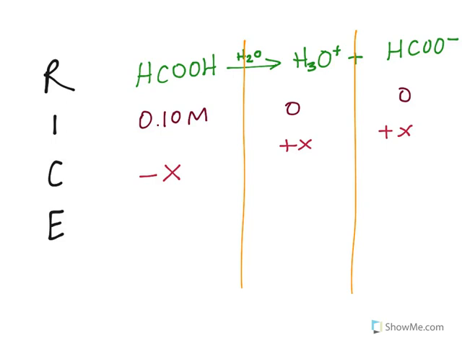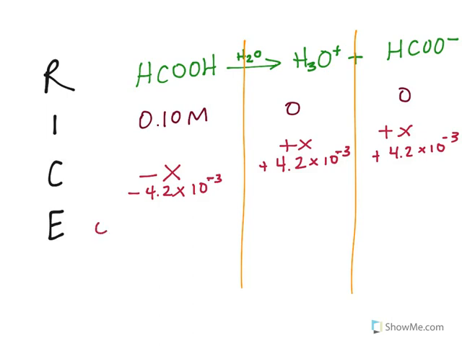All right, and what's nice is that we solved for x. We know what x is. X is 4.2 times 10 to the negative 3. So in each of these cases, it's plus 4.2 times 10 to the negative 3, plus 4.2 times 10 to the negative 3, and this one is minus 4.2 times 10 to the negative 3.